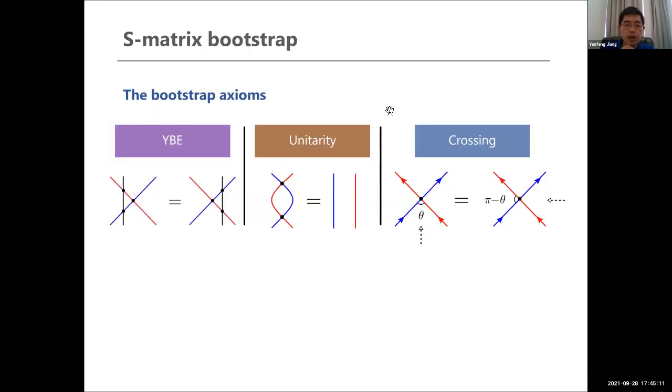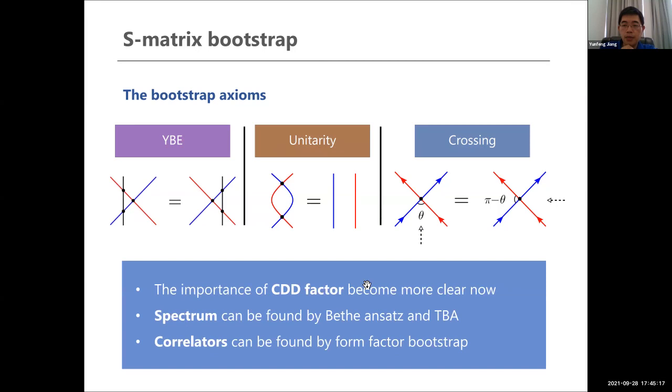Then you write down a set of equations for this S matrix and try to solve it. Of course, you need to make some analyticity assumptions about the S matrix. Once you do that, you can indeed find non-trivial solutions in a number of very important cases.